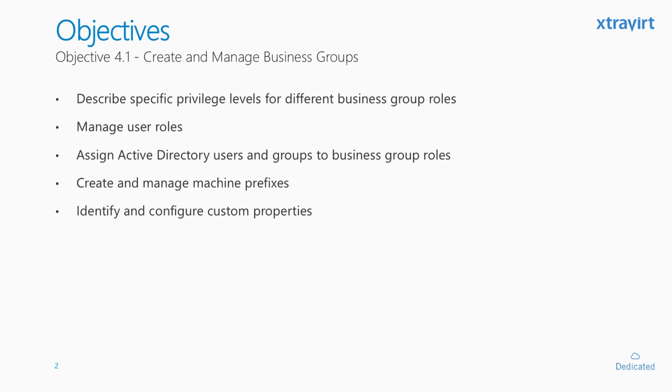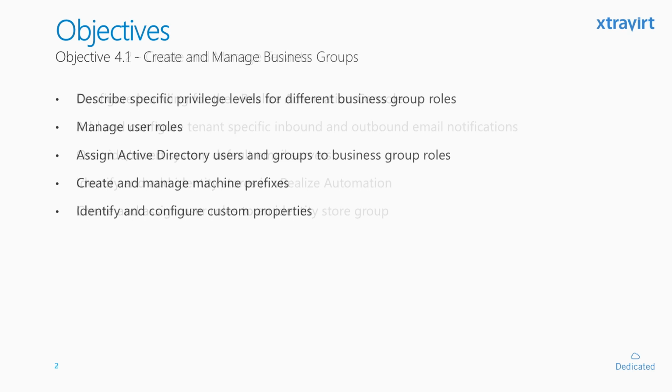We've got describe specific privilege levels for different business group roles, manage user roles, and this is referring to the user roles within a business group. Assign Active Directory users and groups to business group roles. Create and manage machine prefixes, and identify and configure custom properties.